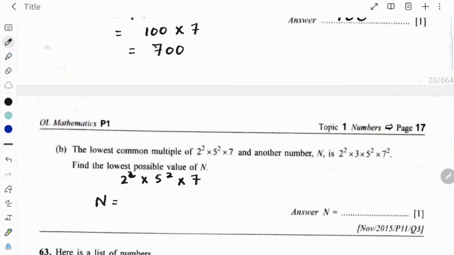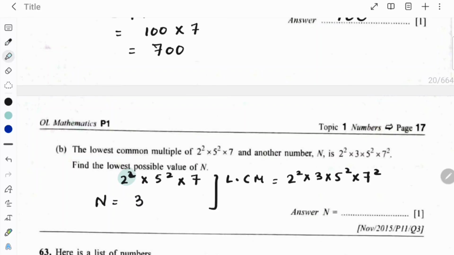So the LCM is equal to 2 square into 3 into 5 square into 7 square. We have 2 square, so that's why I'm not repeating. We don't have 3 here in the given number, so I have to write down 3 in n.